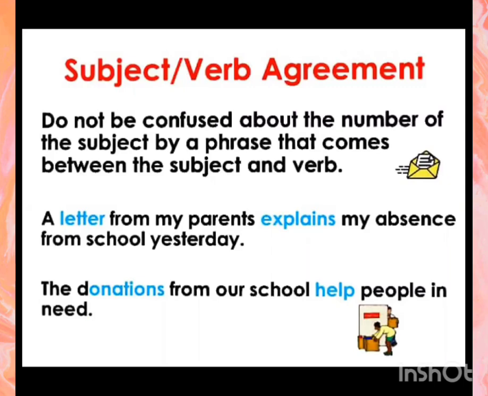You can see that the letter is written in a singular noun form and the verb here has S at the end. The donations from our school help people in need, wherein the word donations has S after it and the verb is without S.